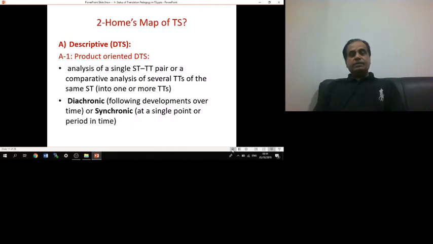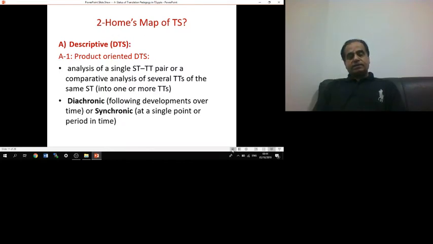So when we say analysis of a single ST and TT pair, or a comparative analysis of several TTs, that is the target texts, of the same ST, we mean, for example, the translation from Arabic into English, where the single ST is Arabic and TT is English, a single pair.